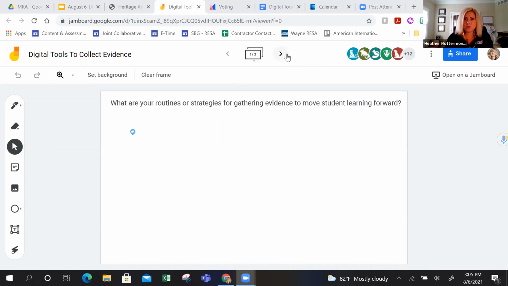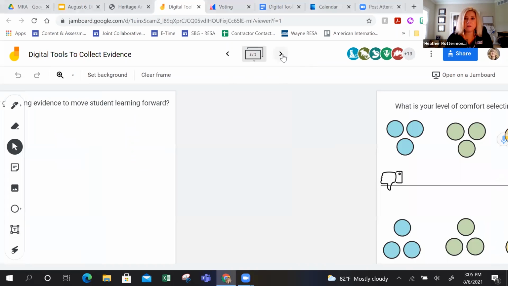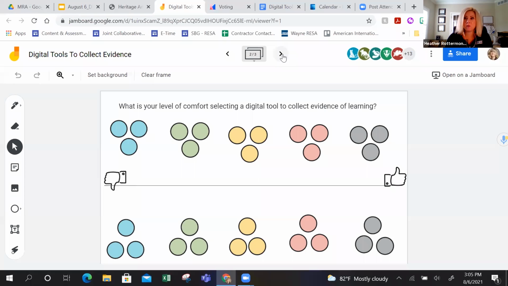For the second question, if you click on the arrow up here, it'll take you to another board, where you can grab one of these dots and put it on the continuum of a thumbs up or a thumbs down with your level of comfort in selecting a digital tool.